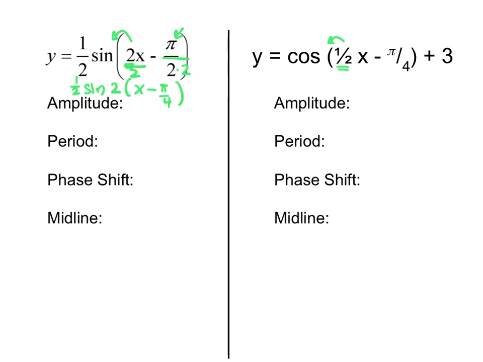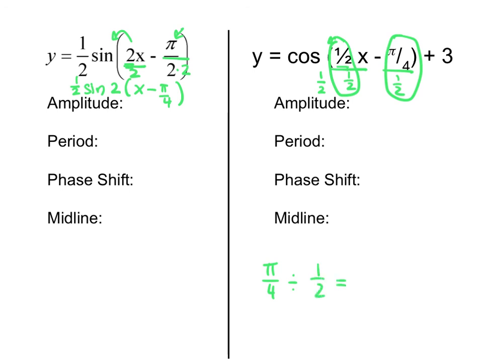Now looking at the other side, when we're factoring out the 1/2, we're dividing by 1/2 and dividing by 1/2. And 1/2 divided by 1/2 we know is 1, so this is pretty easy. Here's where it gets a little more complicated. But we know how to do this because we know this is the same as this.